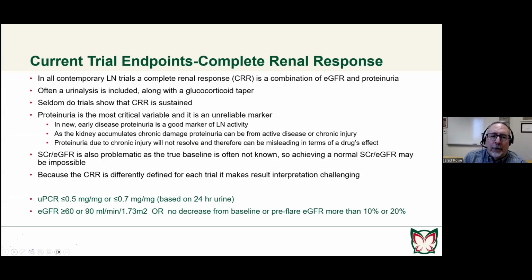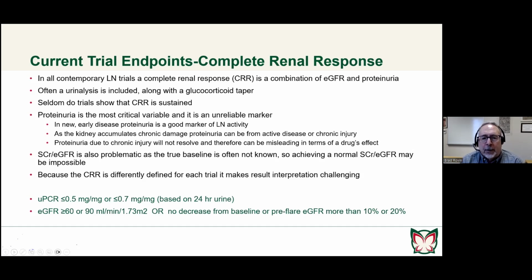Okay, so if we think about all the clinical trials we're doing in lupus nephritis, the complete renal response is the endpoint that's used most of the time. I know that the BLISS-LN trial used a modified complete renal response, which was very similar with a little bit relaxed criteria.